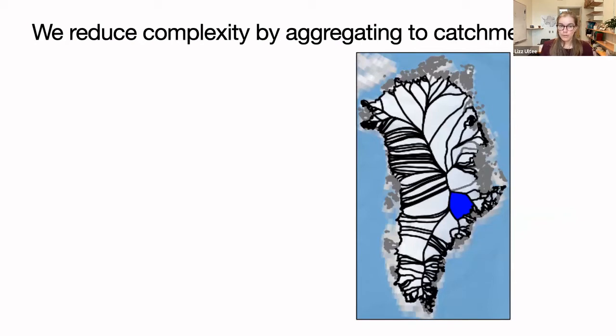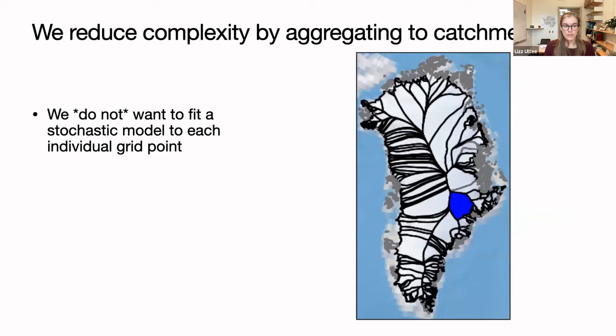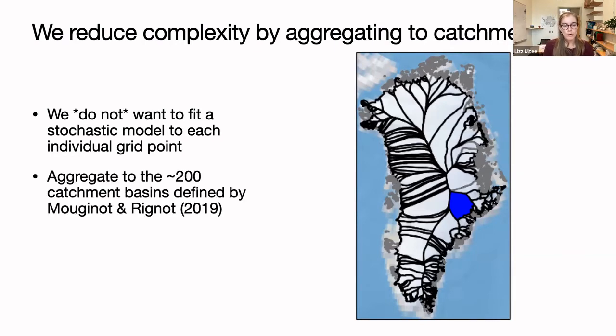We're going to reduce complexity by aggregating to catchment scale. In what I'll show next, we do not want to fit a stochastic model to each individual grid point. That would not help us at all in terms of replacing or enhancing process model output. So we're going to aggregate to the 200 catchment basins around Greenland that were defined in the Mouginot and Rignot data set.